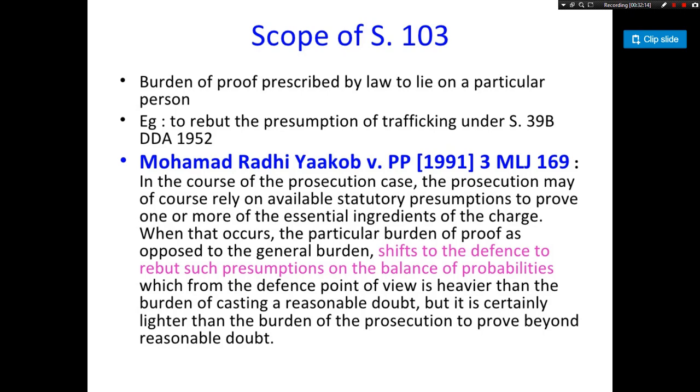When that occurs, the persuasive burden of proof is imposed on the accused. The burden shifts to the defense to rebut such presumptions on the balance of probabilities, which from the defense point of view is heavier than the burden of casting a reasonable doubt, but it is certainly lighter than the burden on the prosecution to prove beyond a reasonable doubt.